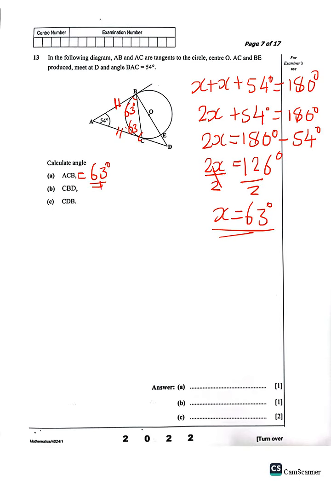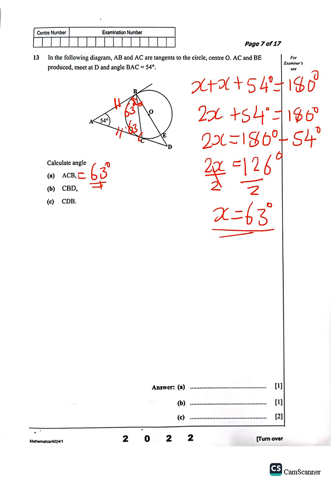Now let's move on to CBD. So CBD, this angle here. Now for us to find this angle, first we need to look at this diameter BD. BD is a diameter, so OB is the radius, and we know that whenever a radius meets a tangent, these two form an angle of 90.